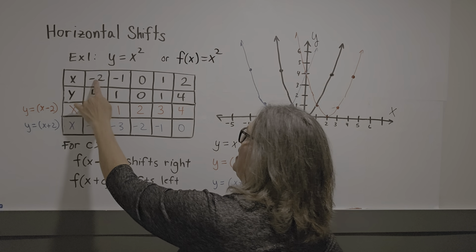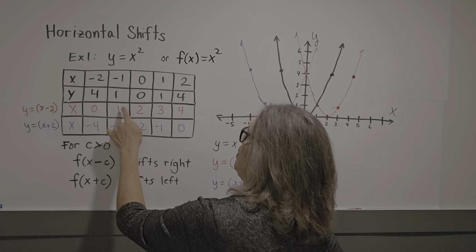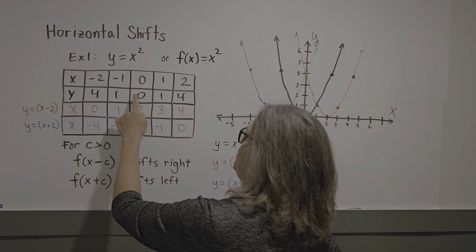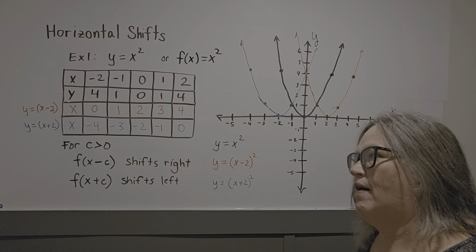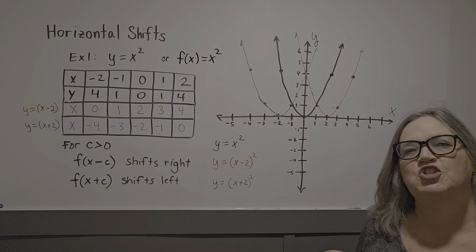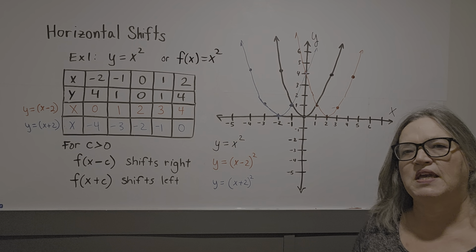You'll notice instead of negative 2, we have 0. Instead of negative 1, we have 1. So these have all been shifted up by 2 to get the same output, and that's why it's x minus 2. All right, so it's a little confusing, but just remember when you're doing your shifts horizontally, you're thinking in reverse.